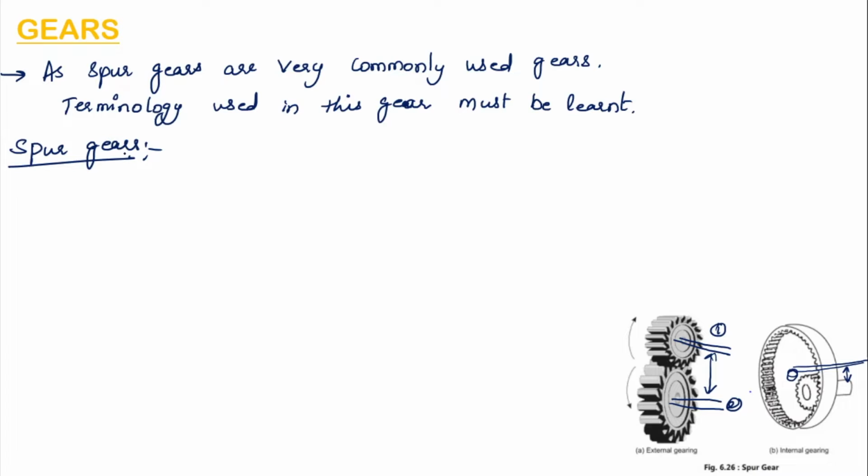So spur gears are used when we have to transmit power and motion between two parallel shafts.